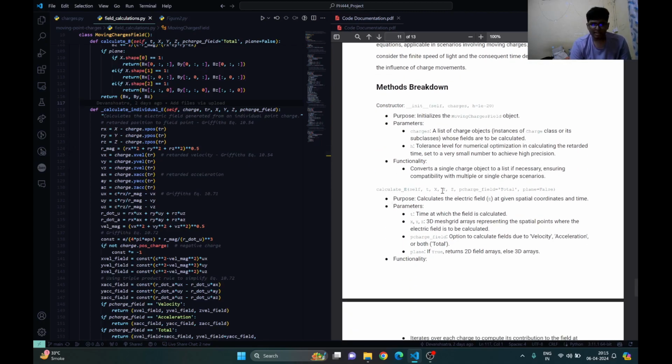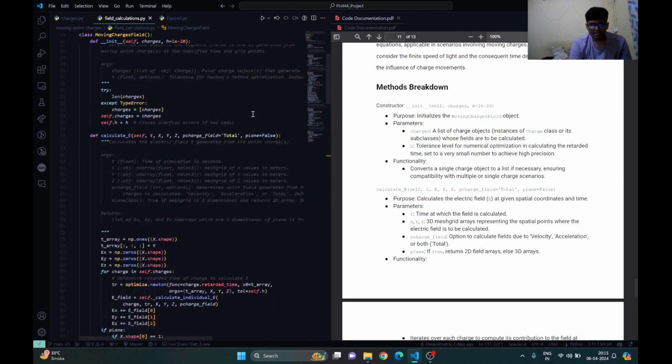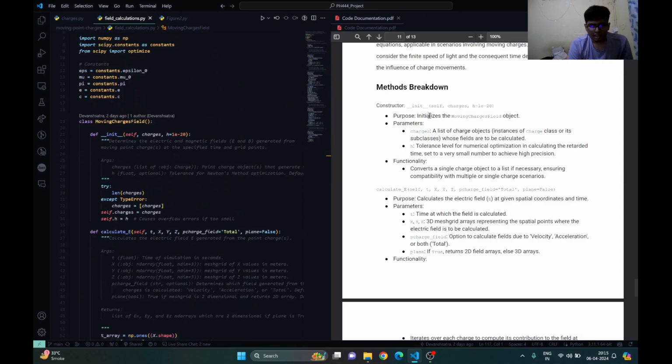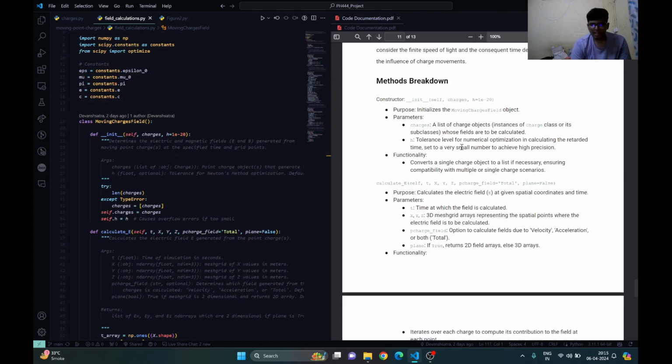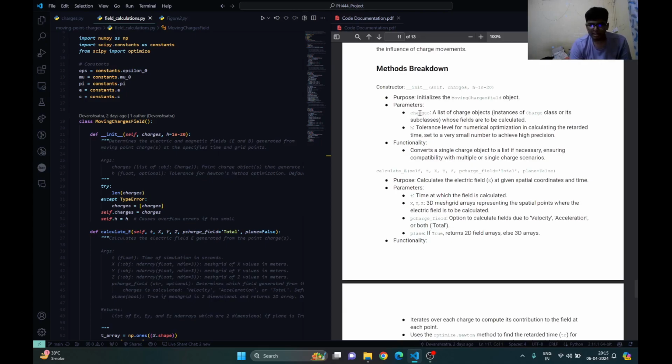So you have these methods in your moving charges field class. You define the charges, which is mentioned in the previous charges.py file, and then you can call all of them in this class using this constructor.